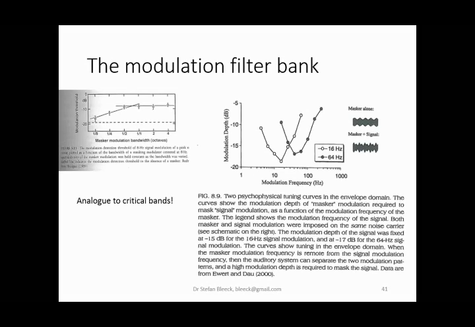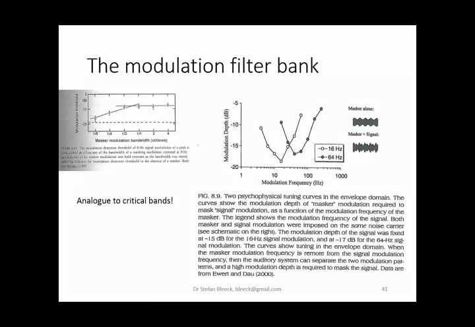Modulation filter bank, and this is more like an add-on. Don't worry, this is not basic stuff. This is quite advanced auditory research, which is not so in the mainstream, but it's really interesting because imagine you do an experiment where you have not only one modulation, but you have two modulations.